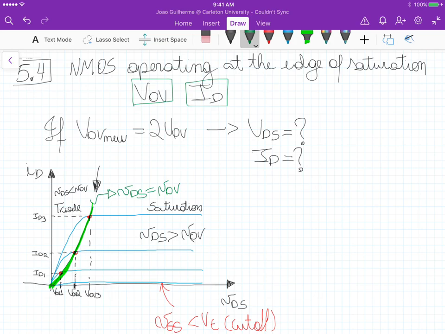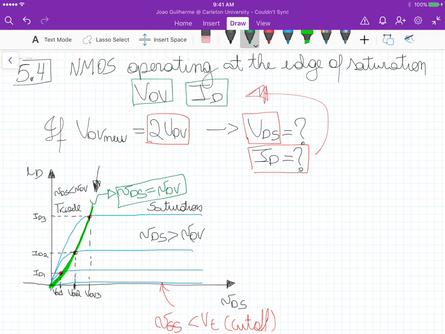And if we change the overdrive voltage to a new value that is 2 times the previous overdrive voltage, what's the new value of VDS and what's the new value of ID with respect to the previous one? Okay, so if we look at the VDS, ID curve, operating at the edge of saturation means that the drain source voltage is equal to the overdrive voltage.